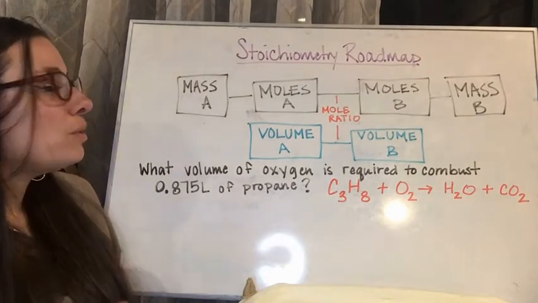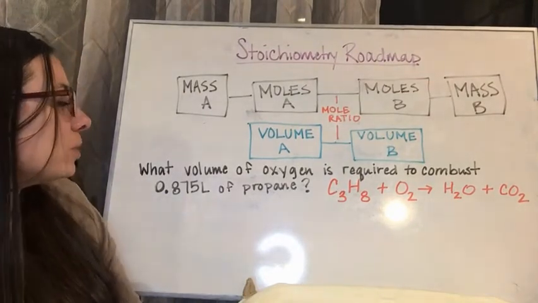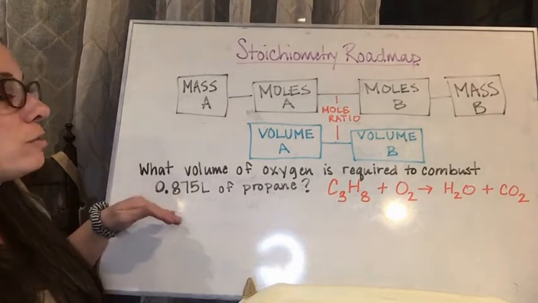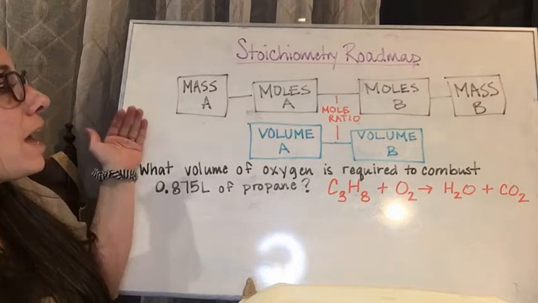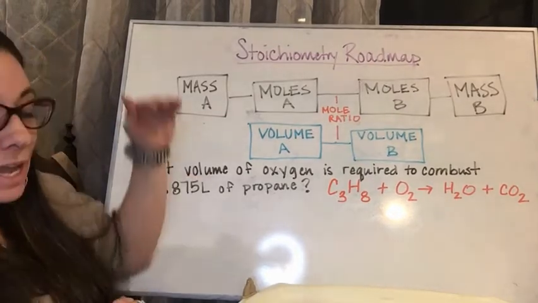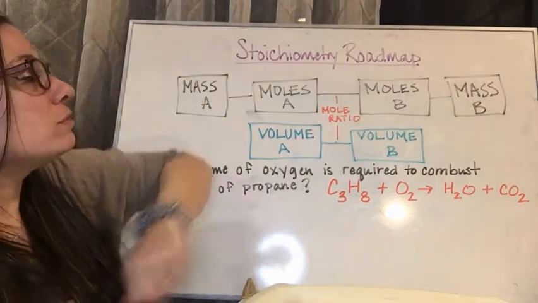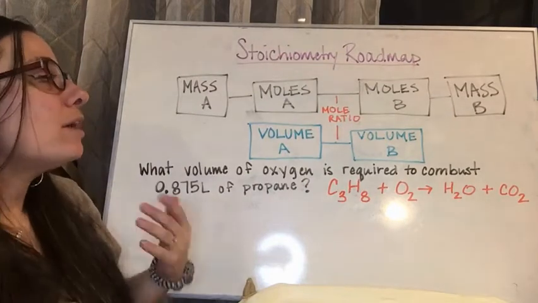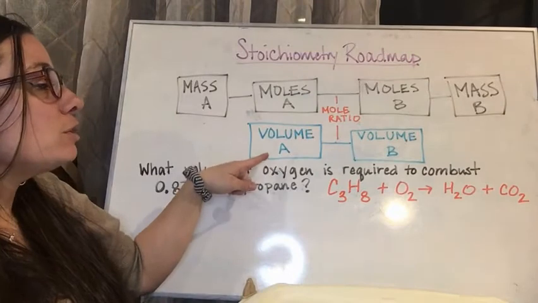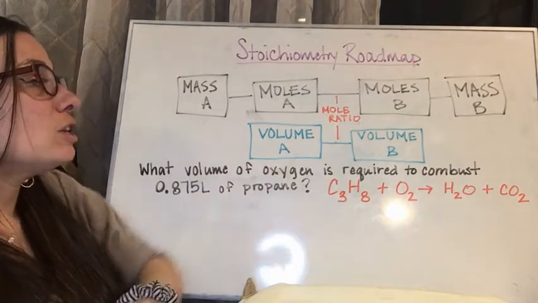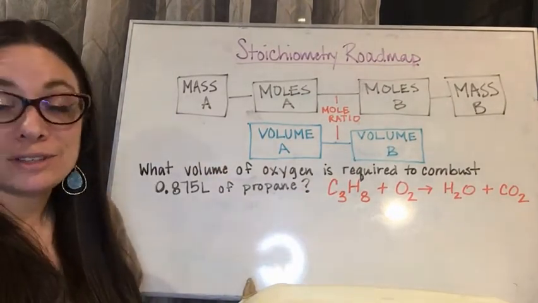So here we're going to look at a problem where we convert a volume of one gas into a volume of another. Now here we have our stoichiometry roadmap, and going from moles of one thing into moles of another required us to use something called the mole ratio. So going from the volume of one gas into the volume of another is going to require us to use the same ratio.